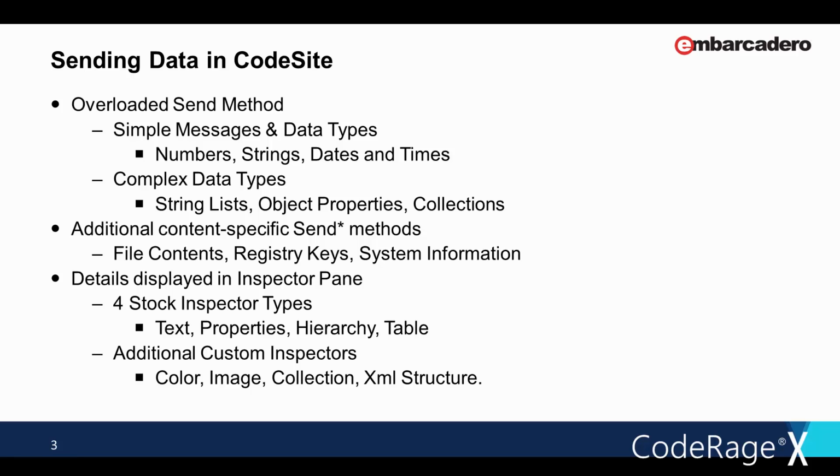There are also custom inspectors for certain features, like the collection, where selecting each item and getting the property grid for each of those is a custom inspector. The image, where you do a screenshot or capture a bitmap, is a custom inspector as well. So what we're looking at in this session is how we can leverage the stock inspectors and change the way certain data types are displayed inside CodeSite.